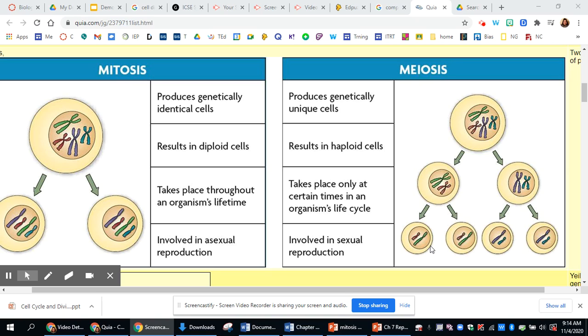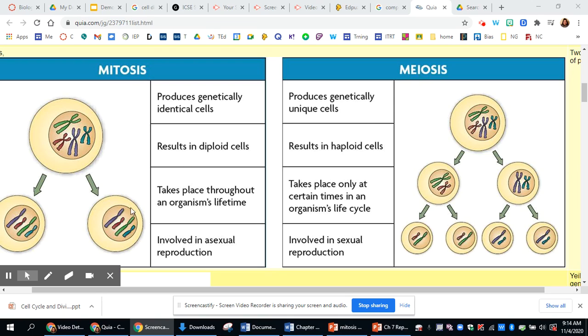Meiosis forms different cells as a result of these two different reductions. In fact, that's one of the reasons it happens, to make the gametes. It's going to result in haploid cells, whereas, again, mitosis is going to result in diploid cells. This forms the gametes to be involved with sexual reproduction.